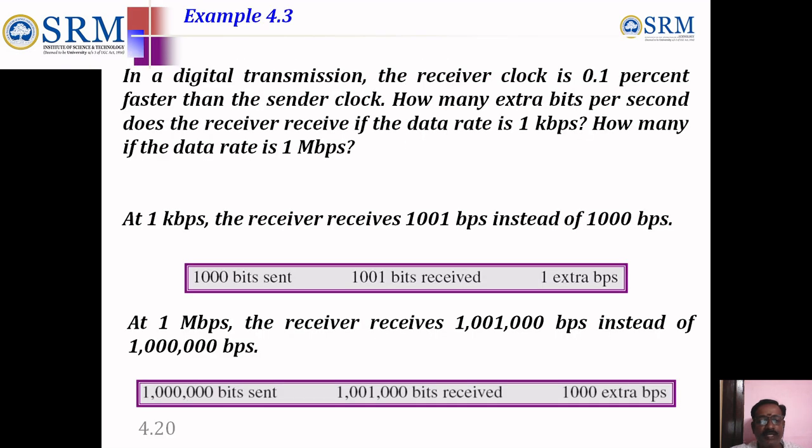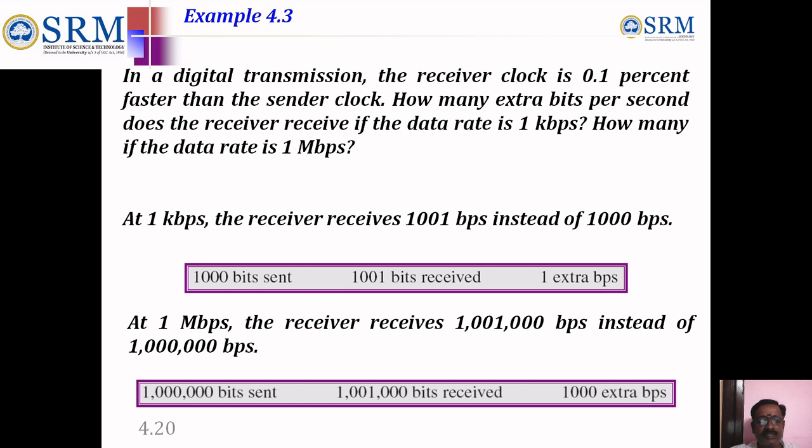Example 4.3. In a digital transmission, the receiver clock is 0.1% faster than the sender clock. How many extra bits per second does the receiver receive if the data rate is 1 kbps? How many if the data rate is 1 Mbps?